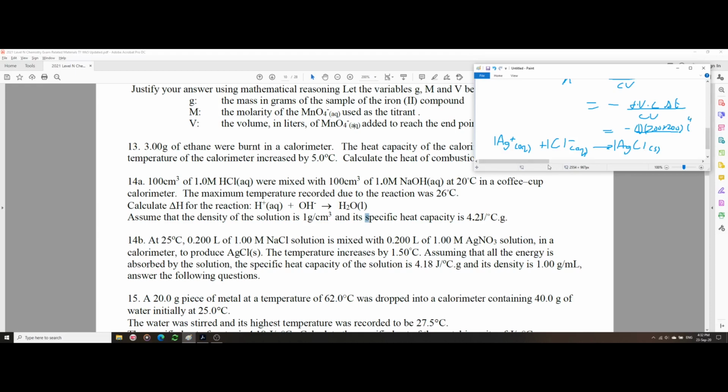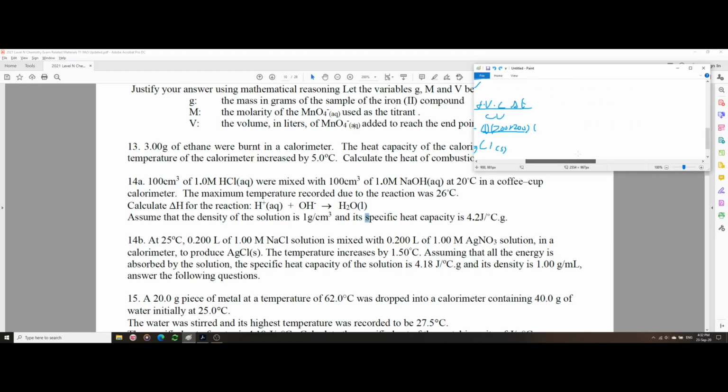Okay, so 4.18 times, it's 1.5 change in temperature, and then CV, as I said, pick any of them, it doesn't really matter, they even have the same concentration, same volume, so just pick any of them. And again, number of moles, so you have to keep the units appropriate, so you get this.